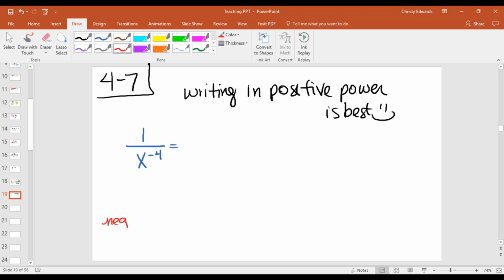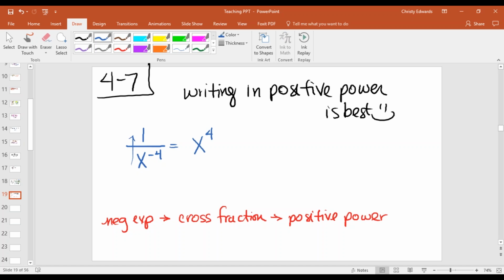A negative exponent will be more comfortable if he can cross the fraction bar to become his positive power self. Which means if this x to the negative fourth is in the denominator, where does he want to go to be his positive self? Up, up, up into the numerator. Then he gets to be his positive power self. Do you see what I did there?